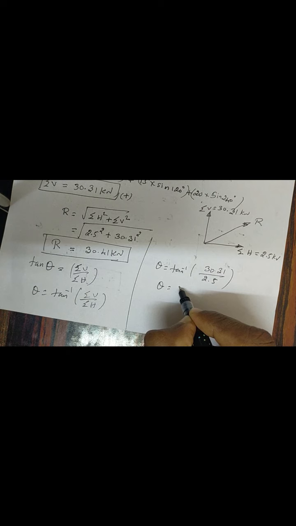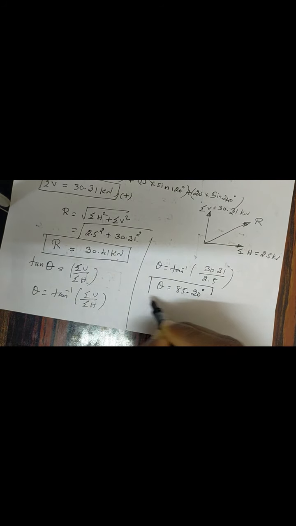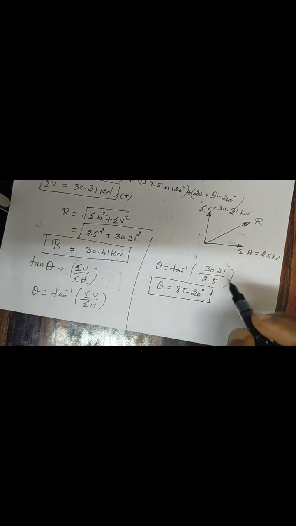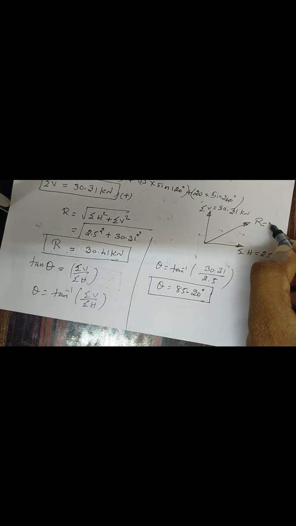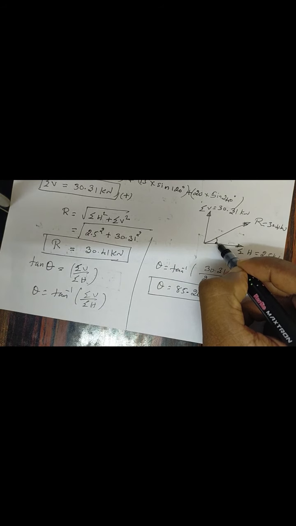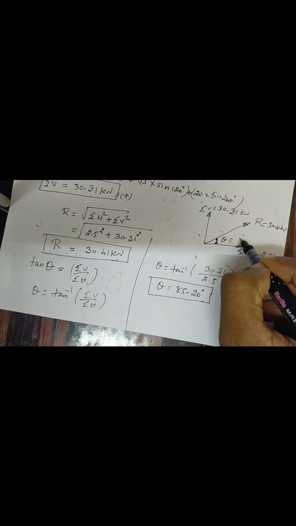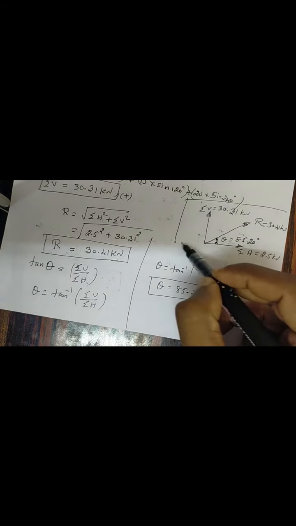When you solve this equation, you will get the value 85.20 degree. That means R equal to 30.41 kilonewton, and theta from the x-axis equal to 85.20 degree. This is the solution.